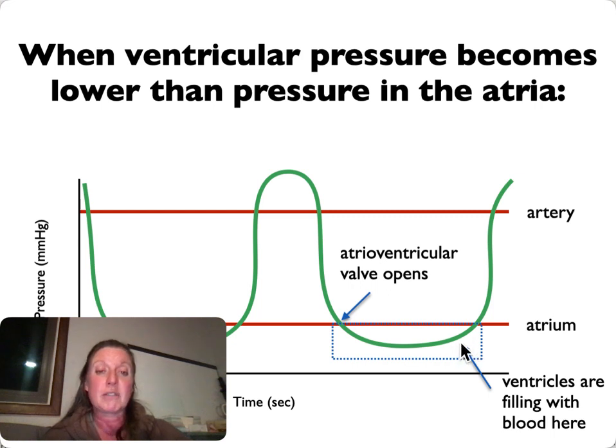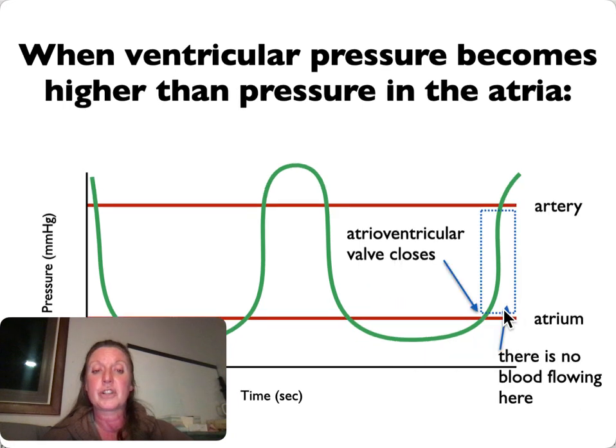Now, somewhere around here, the ventricles start to contract again, and pressure starts to go up. As soon as the pressure in the ventricles becomes higher than the pressure in the atrium, the blood wants to go from the ventricle to the atrium. So the atrioventricular valve closes and there's no blood flowing here.